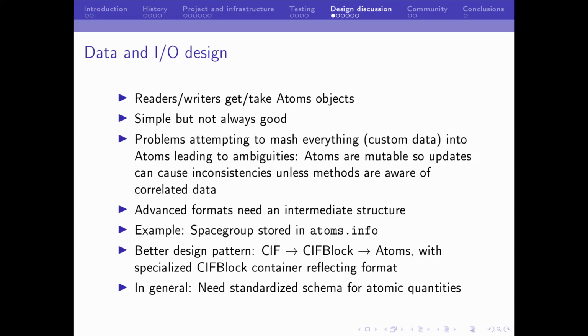So all of these formats that are not really designed to be a one-to-one representation of atoms objects, they should actually have an intermediate object that is designed only to represent a file of that type, and then a separate step to export to atoms. Then we would have much less trouble and much less miscellaneous information floating around that we don't really know what to do with.